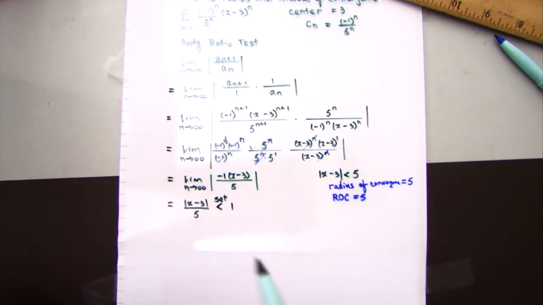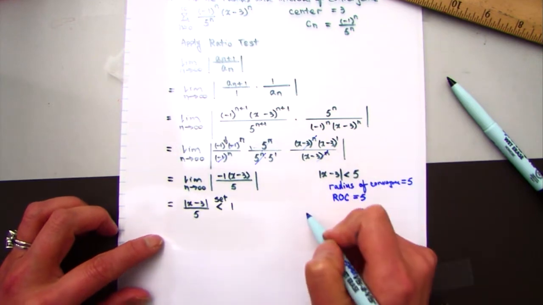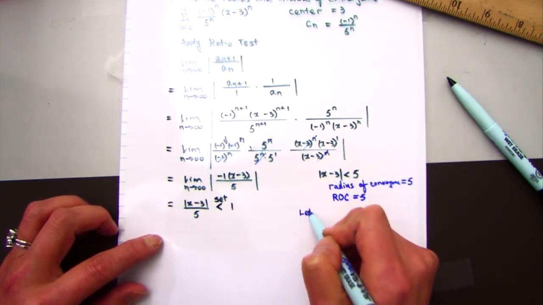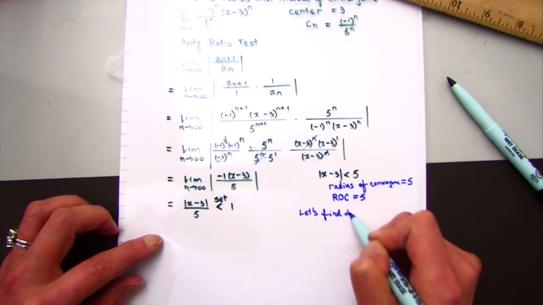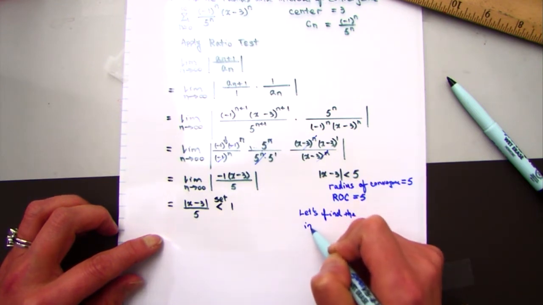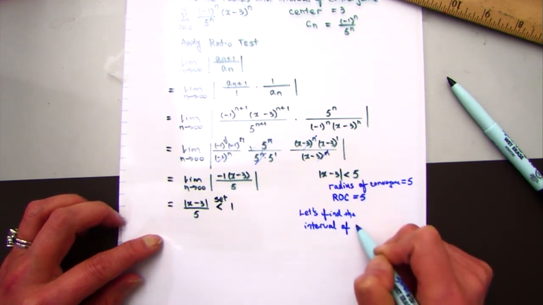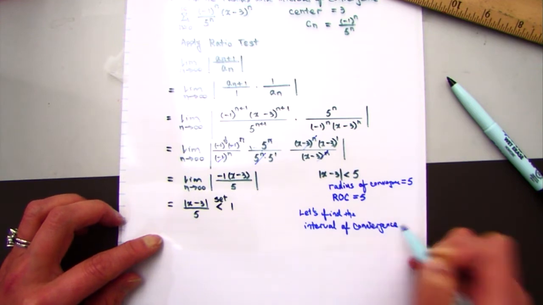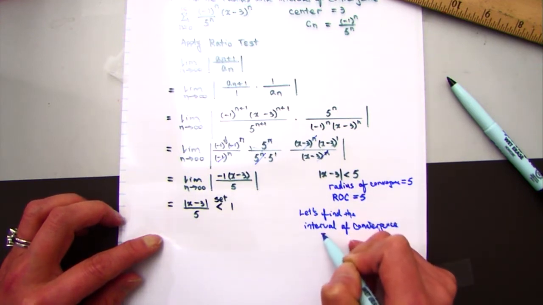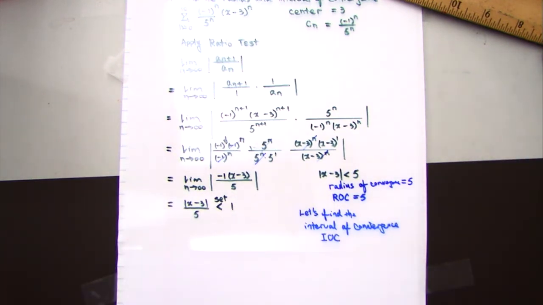Next, let's find the interval of convergence. Your solutions menu calls it interval of convergence, super cute. All right, let's go find it.